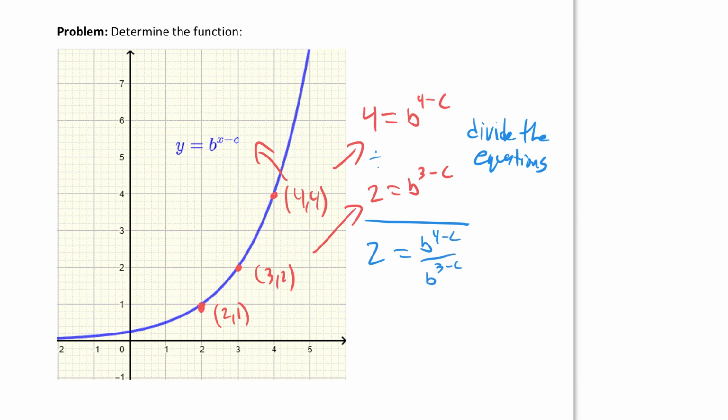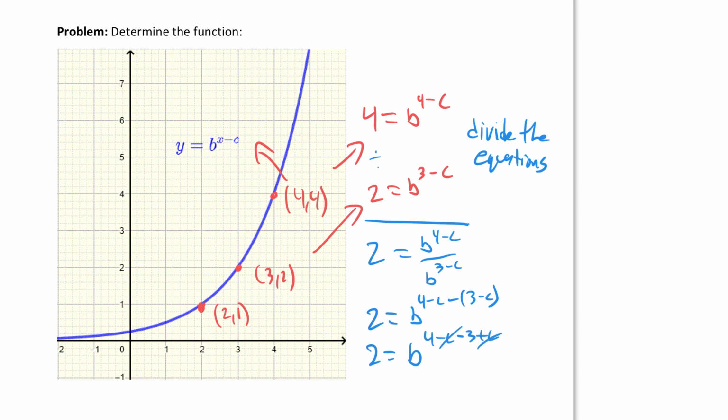Because we're dividing and they have the same base, we're allowed to subtract the exponents. So using exponent rules, this gives us b to the 4 minus c, and then we subtract 3 minus c. So we get 2 equals b to the 4 minus c minus 3 plus c.